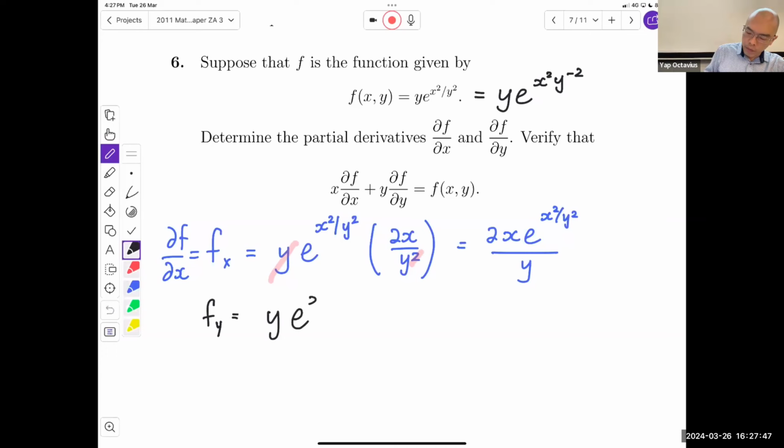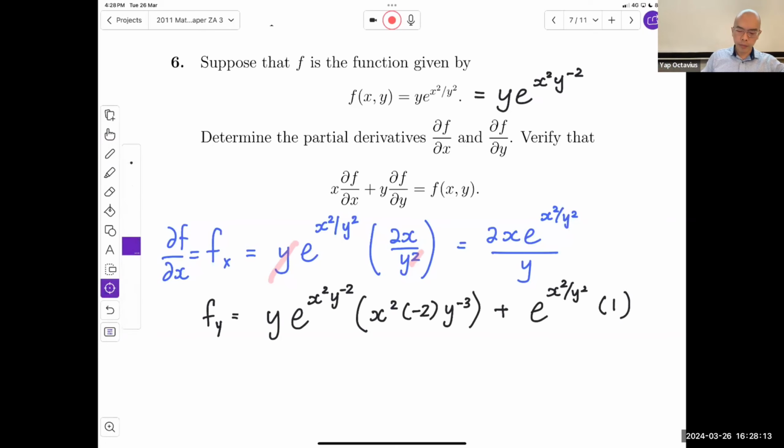So write this term first. Differentiate the power. Now, x squared is constant, so put the x squared there. Bring down the -2, then y to the -3. Plus the exponential term, and then multiply by 1. So this term is the complicated looking one.